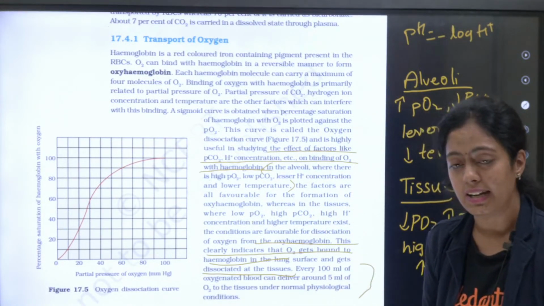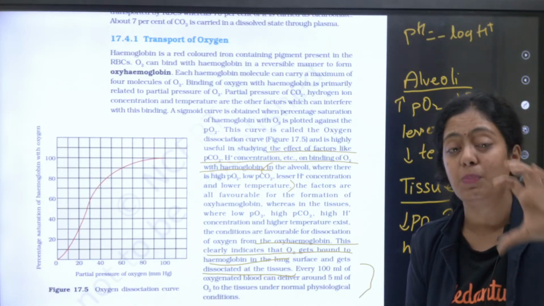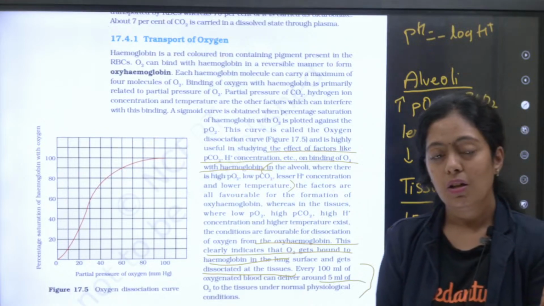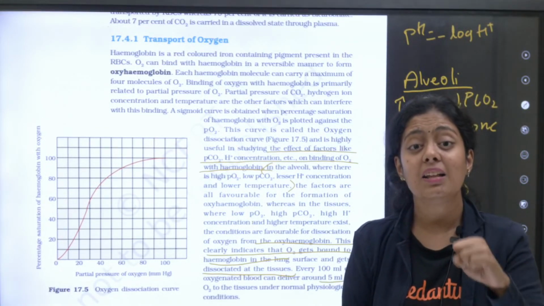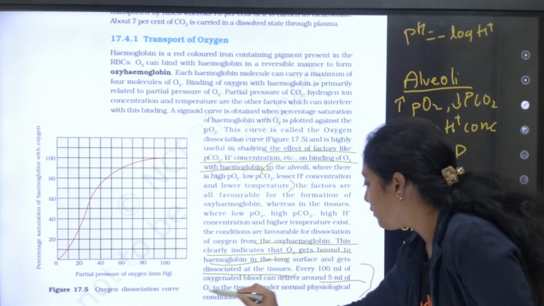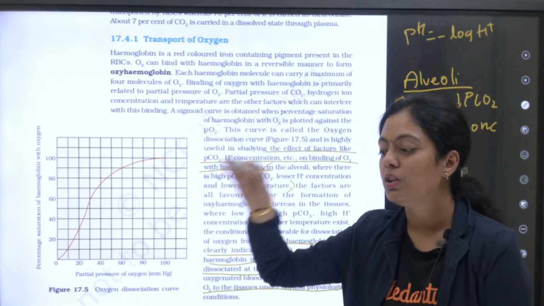Every 100 ml of oxygenated blood carries 5 ml of oxygen, and that 5 ml of oxygen is carried to the tissues.